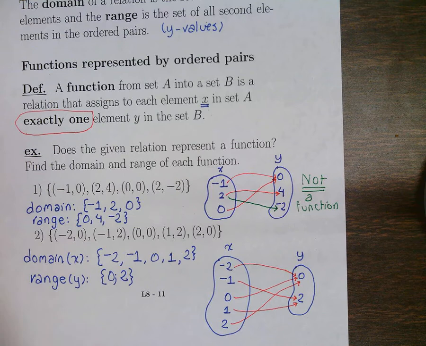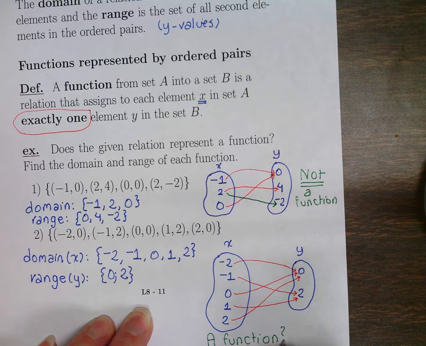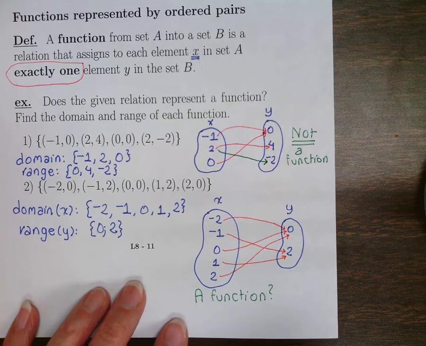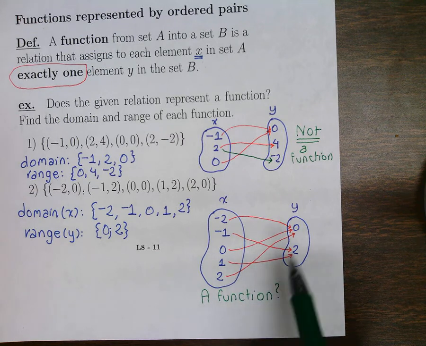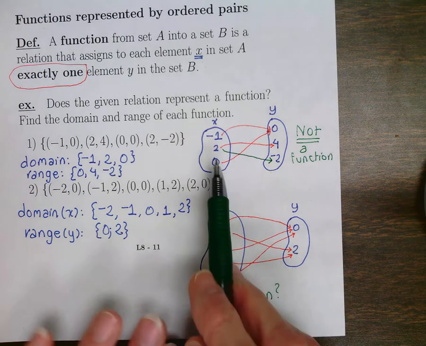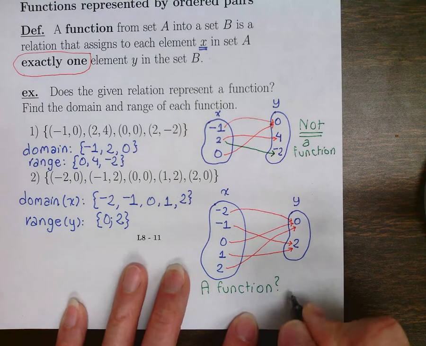Now the question is, is this a function? What do we think? Well, notice that each X is assigned to exactly one Y. There's not one X value that's associated with 2 different Y values. So this is a function.